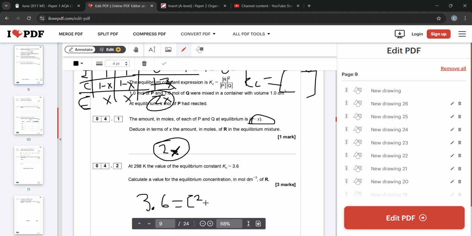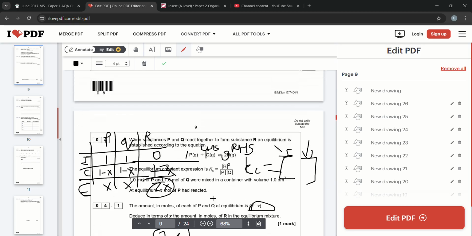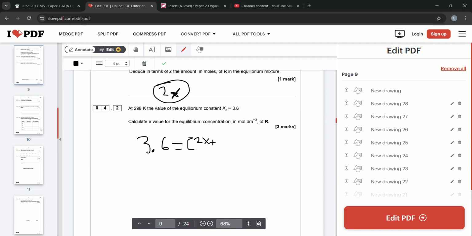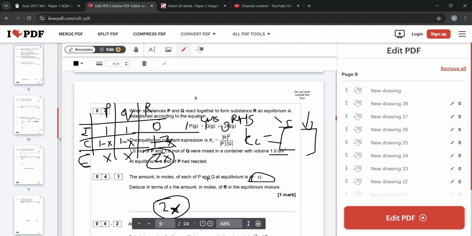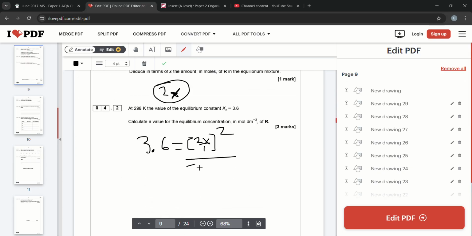Now obviously you could show equilibrium moles divided by volume for concentration. Concentration is moles divided by volume, which volume is 1. So 2X divided by 1, squared, over 1 minus X divided by 1 times 1 minus X divided by 1.